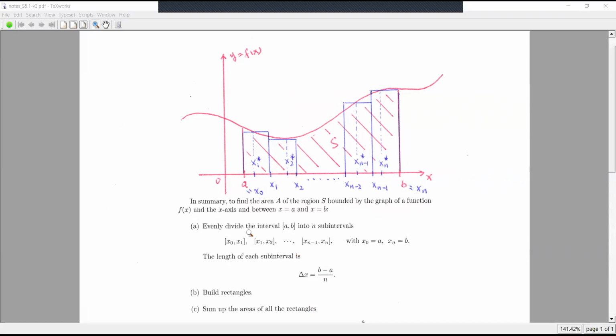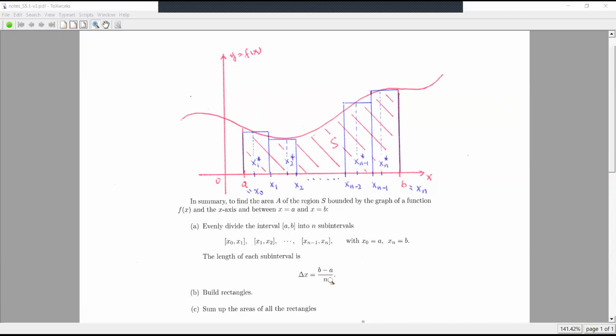Because we cut the interval evenly, the length of each subinterval is computable. From a to b, the length is b minus a. Now b minus a is cut into n parts, so (b minus a) over n is the length of each subinterval. According to the book, we use delta x to denote the length of each subinterval. So delta x is b minus a divided by n.